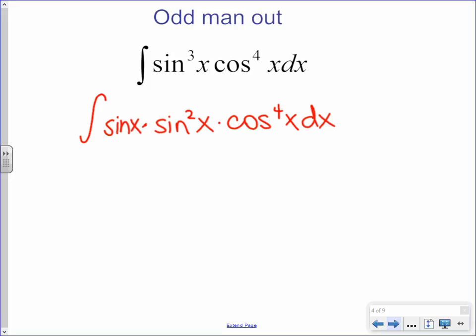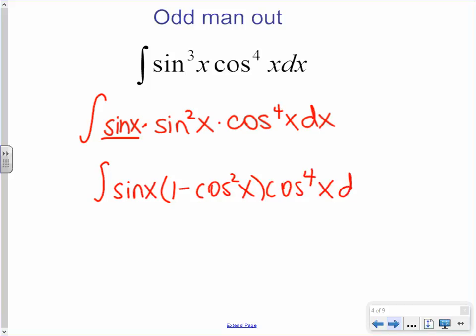We're going to leave sine of x to the first power alone and change the rest. So sine squared of x is 1 minus cosine squared. Wait, so we leave the odd? We leave the odd, change the rest, because the odd man is what we're going to use for our du in our u/du substitution.